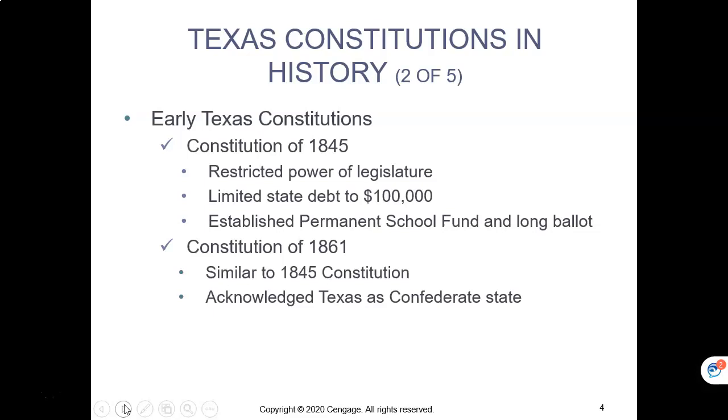I'm not exactly sure why, but the long ballot was definitely a part of the state of Texas. There were lots of offices that people needed to be elected to. Elections were held pretty uniformly, and they would put all the people on the state level and the county level on one ballot.